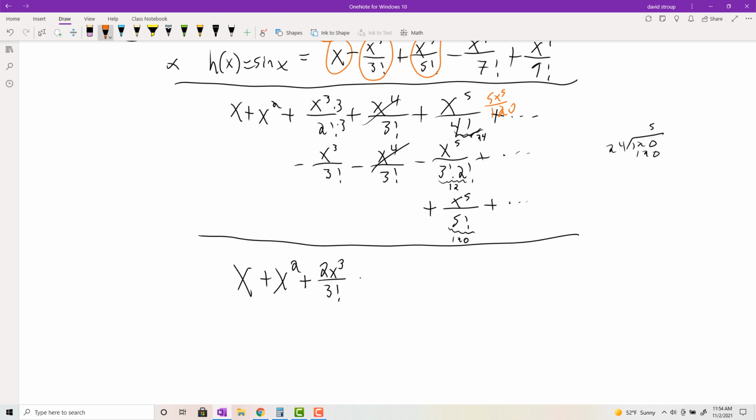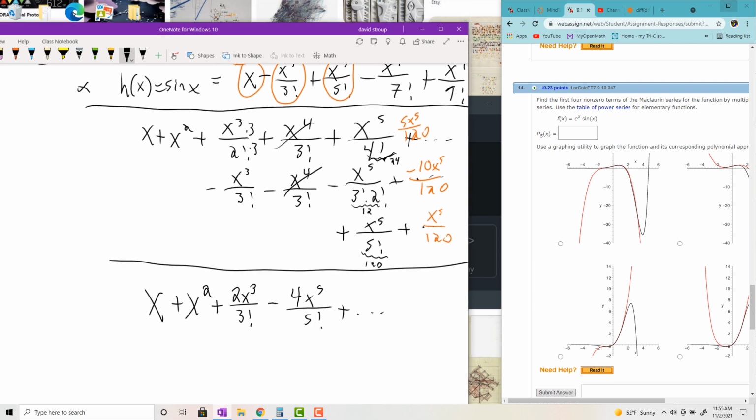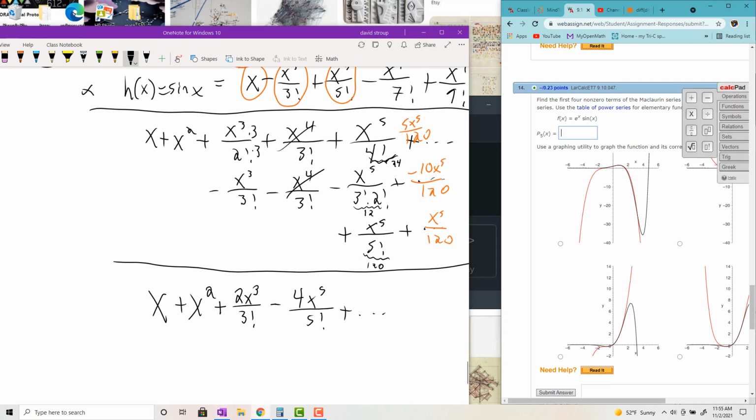The second guy I need to multiply top and bottom by 10. So I get minus 10x to the 5th over 120. And then the last guy is just x to the 5th over 120. Okay. So what am I getting? Negative 5, so minus 4. Minus 4x to the 5th over 5 factorial. Okay. And that's the first 4 non-zero terms, and you would have to proceed accordingly to get more.